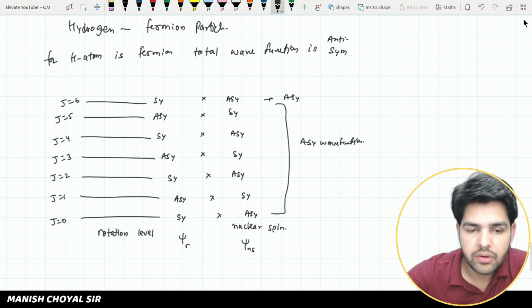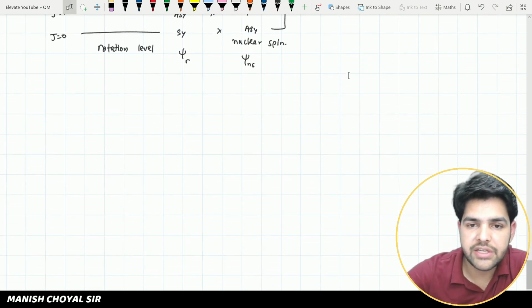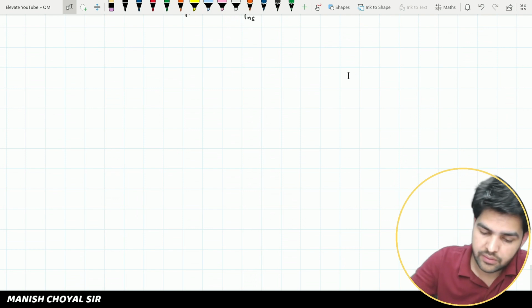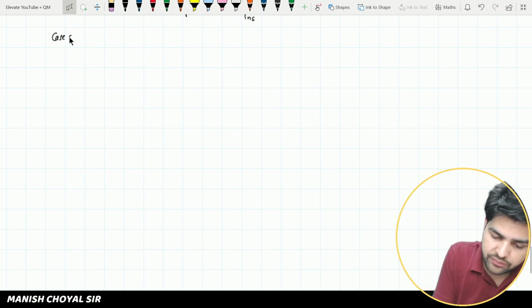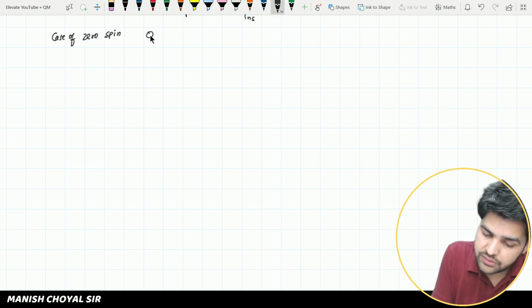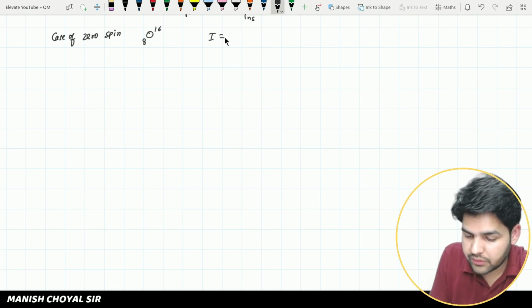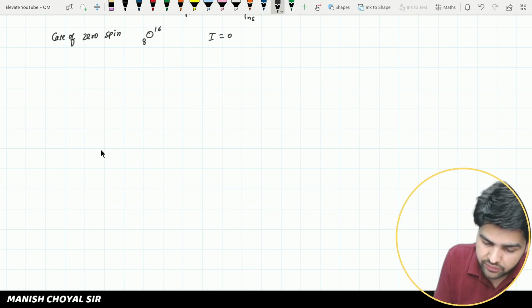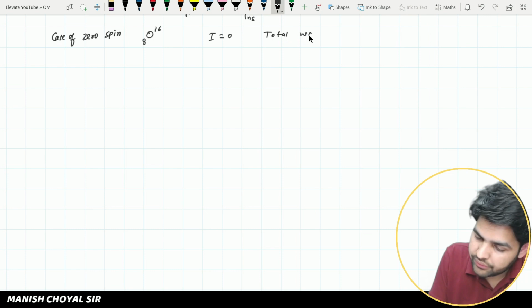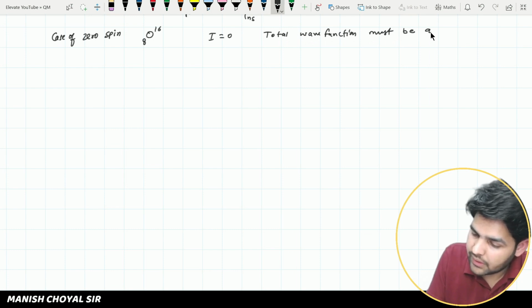Okay, similarly, if we have the case of zero spin, like oxygen-16, so I equals 0. In that case the total wave function must be antisymmetric.